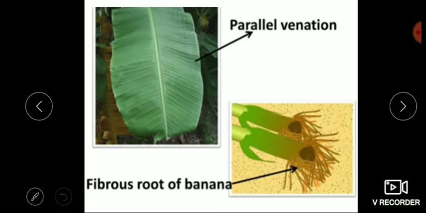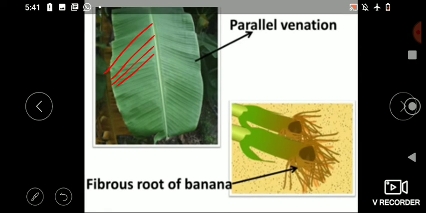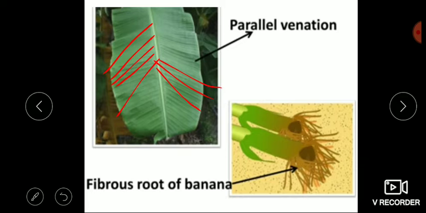If the leaf has all veins parallel to each other, it's called parallel venation. Banana, grass, etc., which have fibrous roots, have parallel venation.